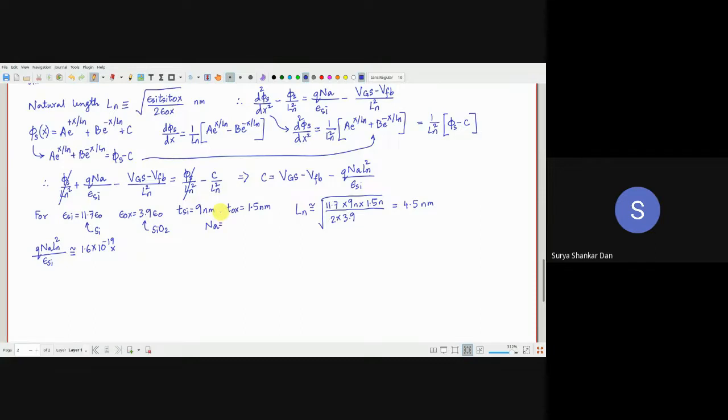But you might be thinking, how do you take that here, because this is FDSOI and all nanotechnology, right? If I'm taking like 10 power 16 per centimeter cube, it is almost intrinsic, very lightly doped, so you are going to have FDSOI. So this is 4.5 nanometer square divided by epsilon si. Again, I'll choose the standard one.